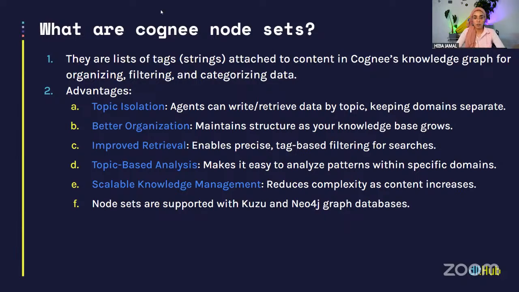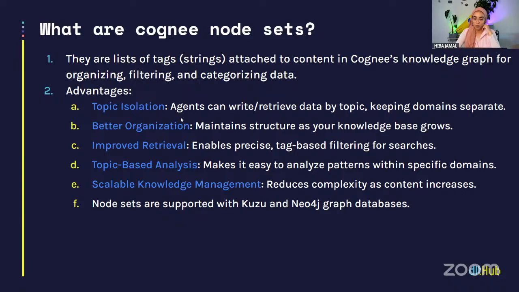Node sets are basically tags that you associate to different nodes within a Cognee knowledge graph. It'll help you look into different topics and isolate them when you're searching for it. And we will look into why this is super important, especially as your data grows and grows.